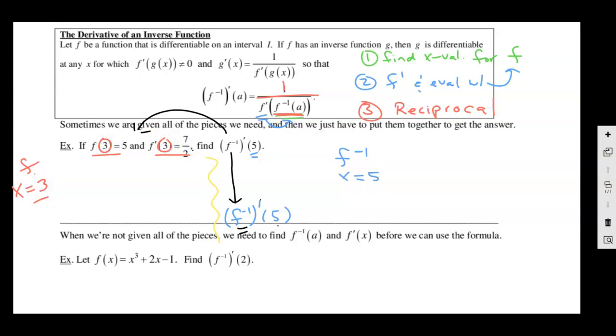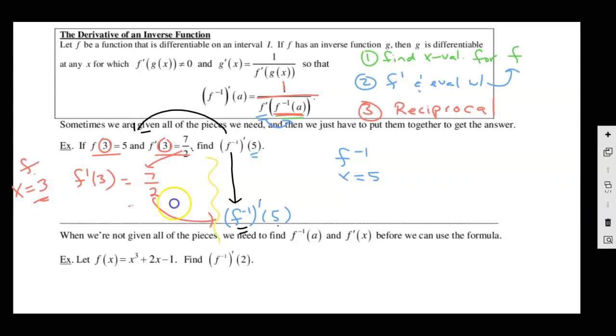Now, if I had f, I could take the derivative, and then I would want to take f prime with this new number, 3. But it tells me that, right? It tells me that it's 7/2. So I know the derivative of the original function. But I really want to switch it back, and I want to get to the derivative of the inverse. Now, the original is using 3, the inverse is using 5, that's fine.